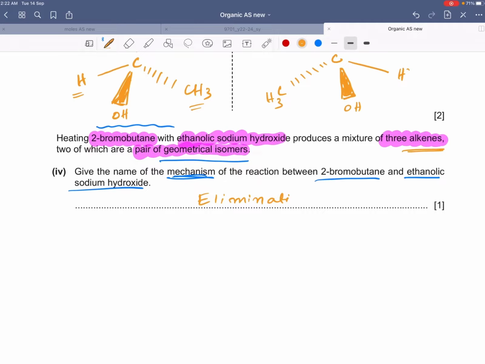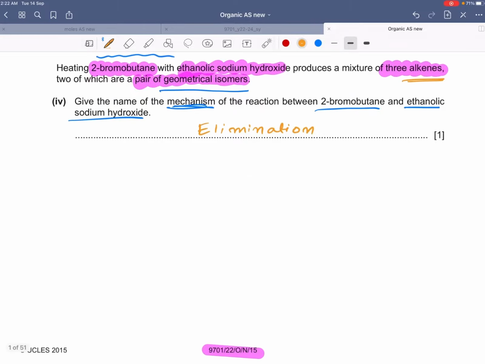So now this is very clear that when a halogenoalkane reacts with aqueous sodium hydroxide, substitution occurs, right? The OH group will replace the halide group, substitution occurs.